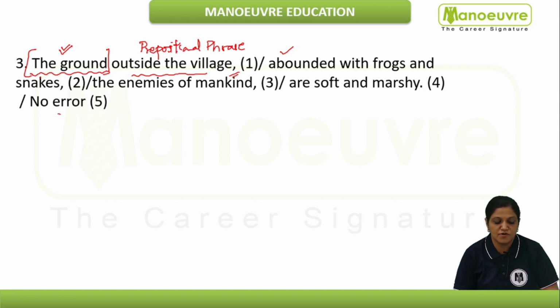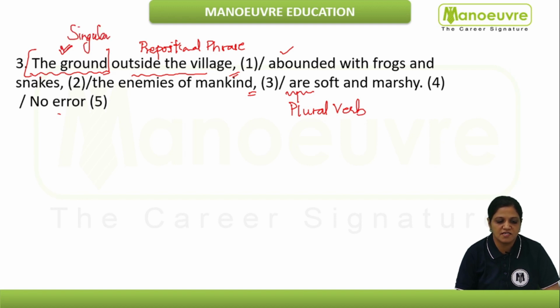We have another clause that is added, the enemies of mankind. So we have to focus on the noun, and the verb is are, which is a plural verb. Okay, so we can see over here that the ground is a singular subject. Hence, our verb is going to be singular, that is is. So hence we can say that the error is in the fourth part of the sentence.